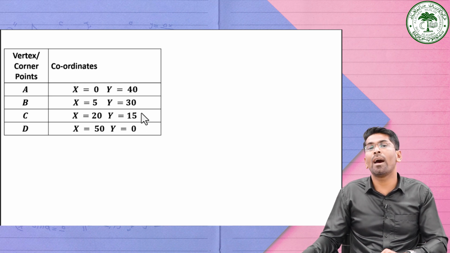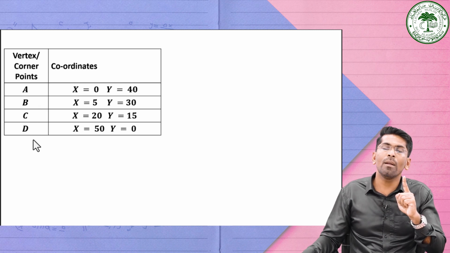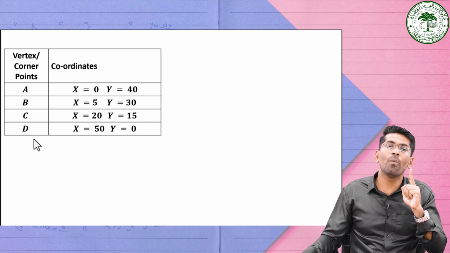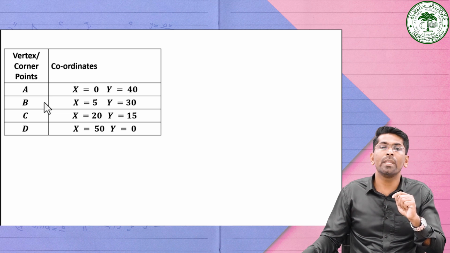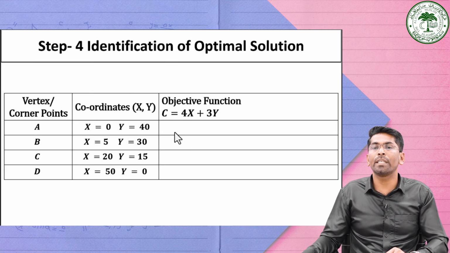See, all these are feasible solutions. Out of these 4 points, there will be only one optimal solution. So accordingly, we want to find that particular optimal solution from the given points A, B, C, D and the given values of x and y. So here I am going to substitute the values of x and y in our objective function.